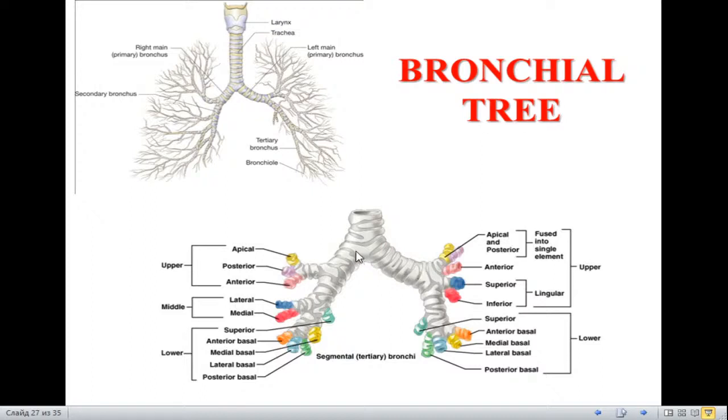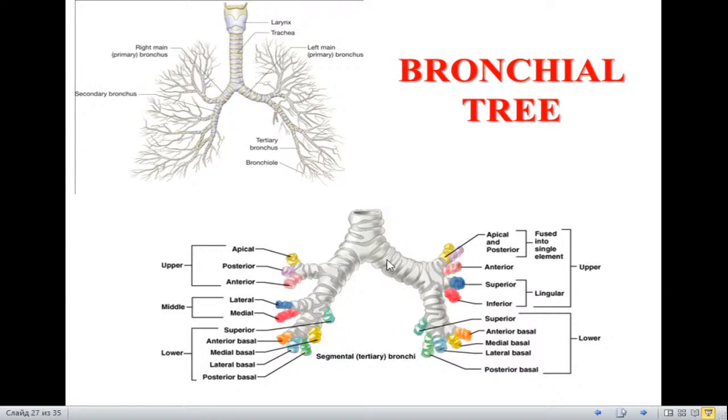So the right main bronchus is somewhat vertical, it's longer, and it's somewhat narrow.